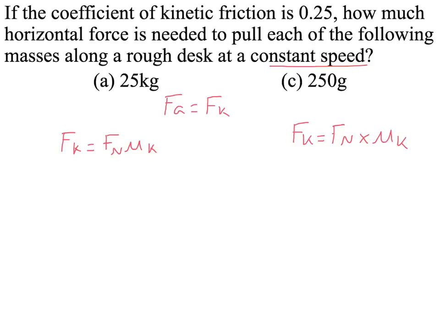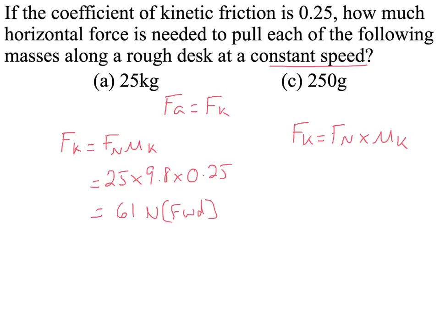And we plug our numbers in. For the first one, it's 25 times 9.8 times 0.25. That gives us an answer of 61 newtons forward.